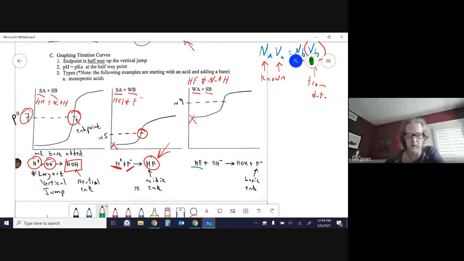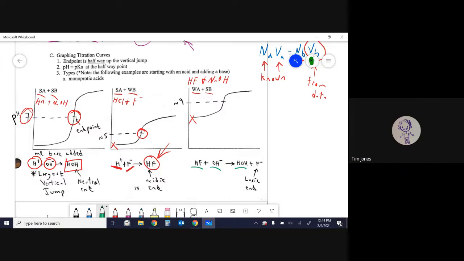We're adding the strong base hydroxide. We are making water, but we're also accidentally making the conjugate weak base of HF. So in this case, when you're done, you have this leftover F minus, and this one will have a basic endpoint. And again, I just made up that 9 as an example.